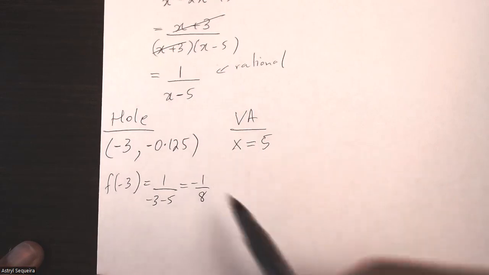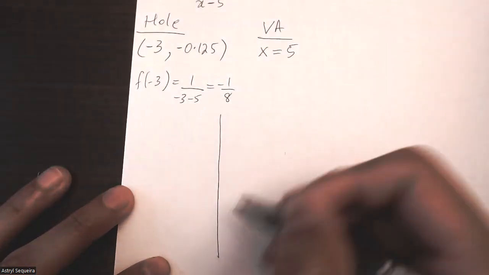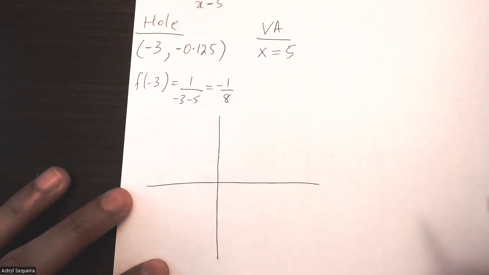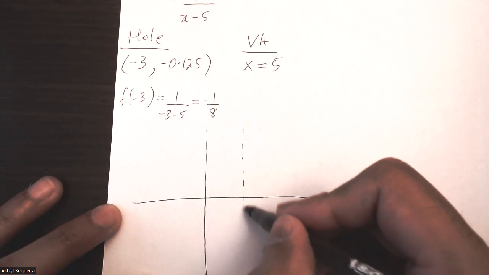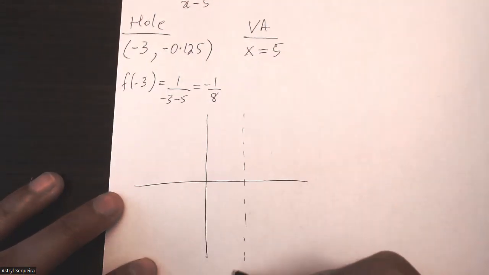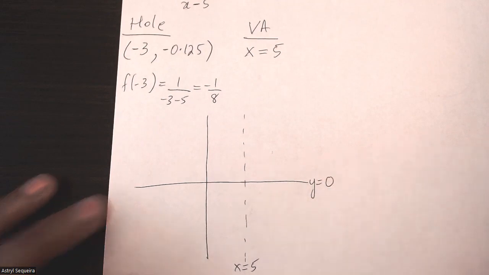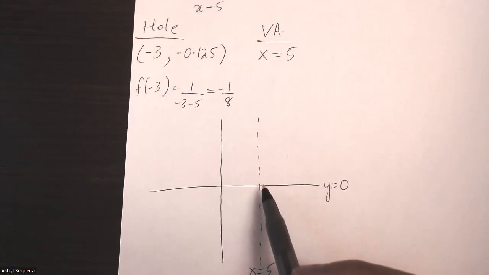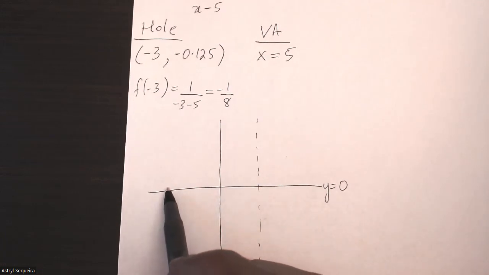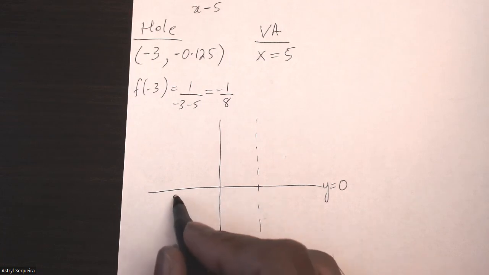And now I can plot this out using the information given. I always start with my vertical asymptote. So the vertical asymptote is here at x equals 5. The horizontal asymptote we can assume is always at 0. And then the hole is over here, negative 3, negative 0.125 is right over there, really, really close to the axis.